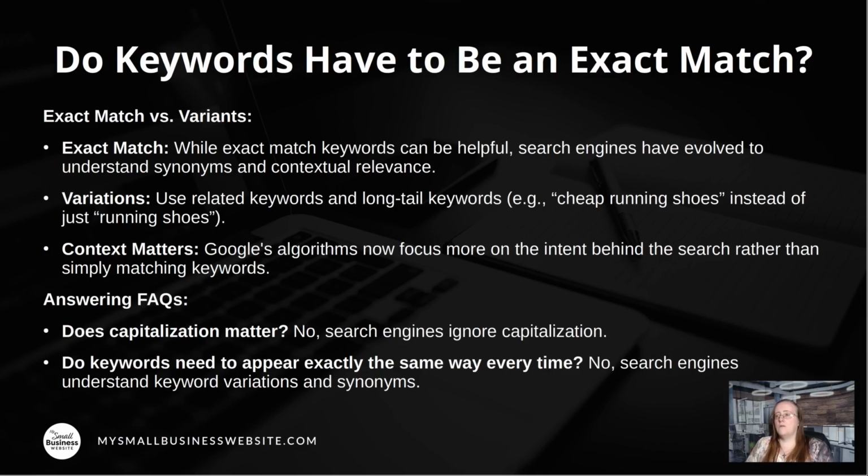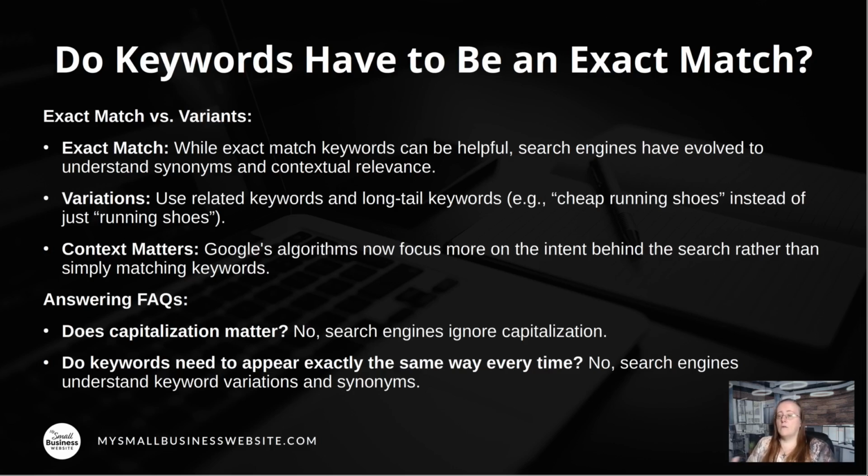And so if you use different long tail keywords, that can make a difference. For example, if you have running shoes, you can have cheap running shoes, and that can make a difference when you're changing your keywords. So it looks at all these things.